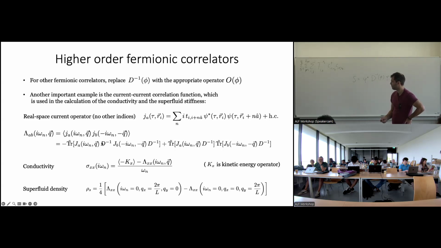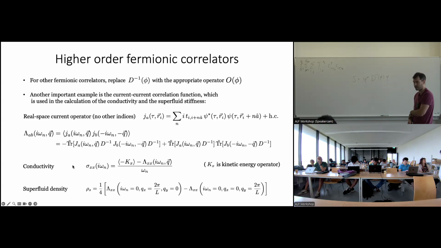So J here is just a matrix. This is some four-point correlation function. It is used, for example, in the calculation of the conductivity.